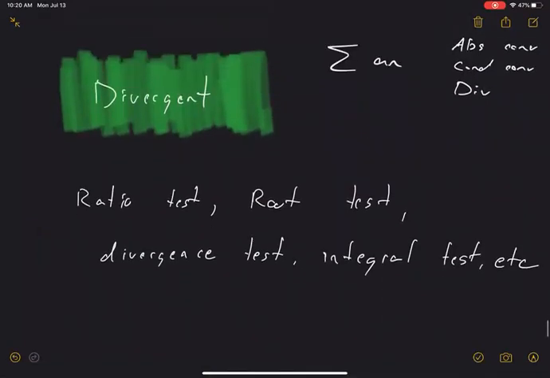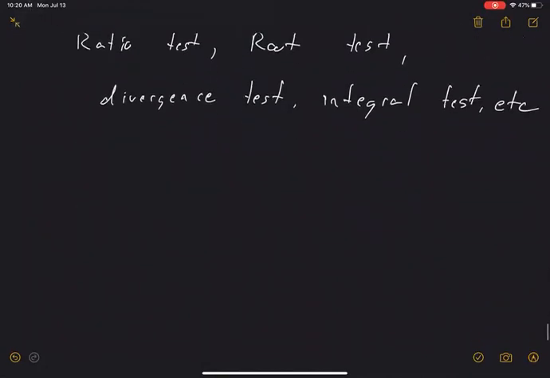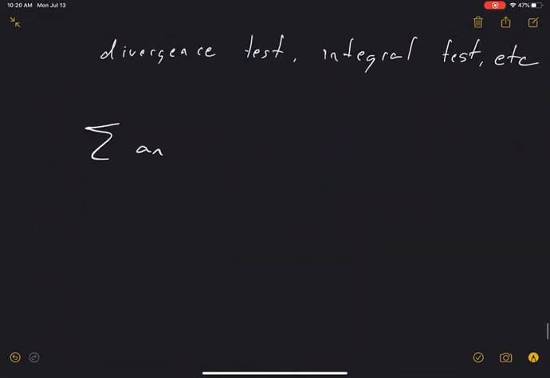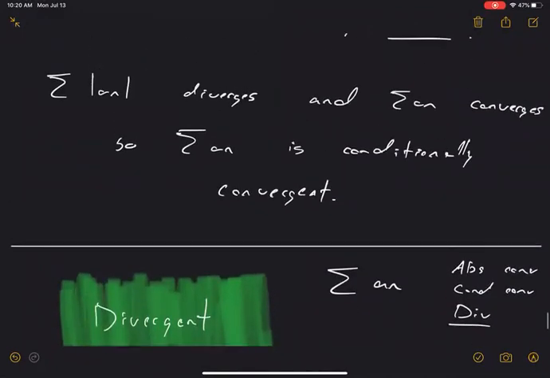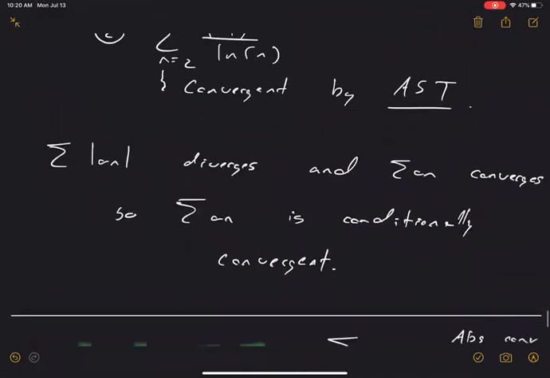Okay, so if I have a series and I want to show it's divergent, maybe I can do ratio test, root test, and all my other old techniques to show it's divergent. Really, the hard part of this section is showing absolute convergence and conditional convergence.